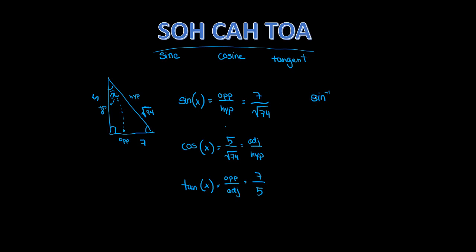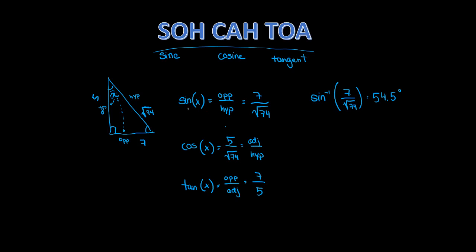So if you take the sine inverse of this ratio, 7 over the square root of 74, 7 divided by the square root of 74, you're going to end up with 54.5 degrees.